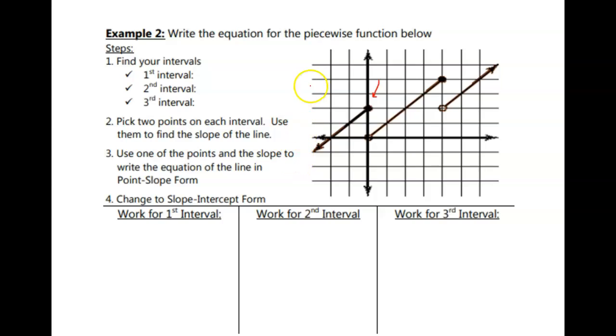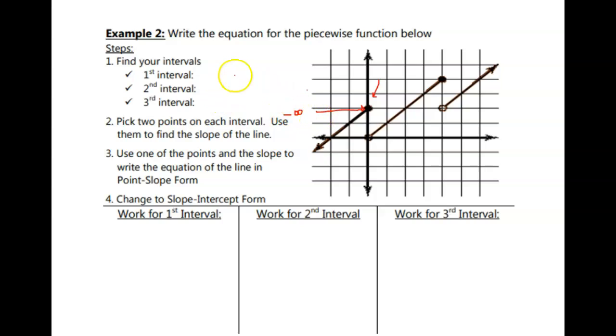So I notice from negative infinity, which is over here, up until I get to x equals 0, I then have a break. So I have a way to write that.